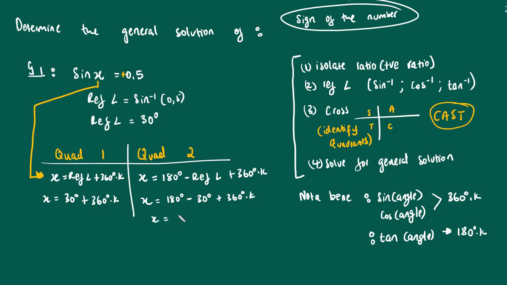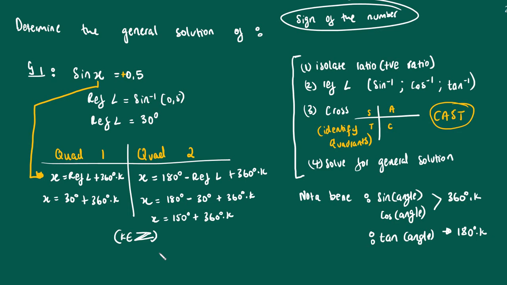So therefore your x will be 150 degrees plus 360 degrees times k, where you don't forget to indicate that k would be an element of the integers. It's a very weird looking Z, so please bear with me. It has to be something like this. Then you put it in brackets. So this is what you do when they say find the general solution.